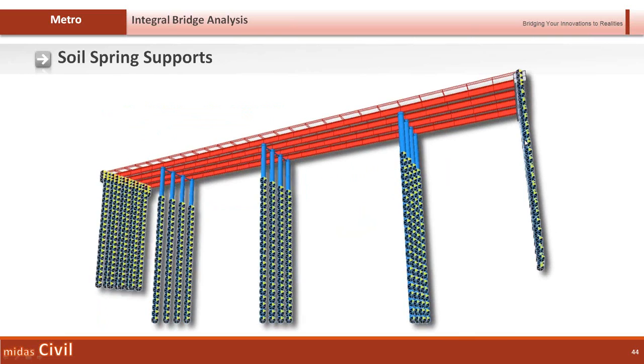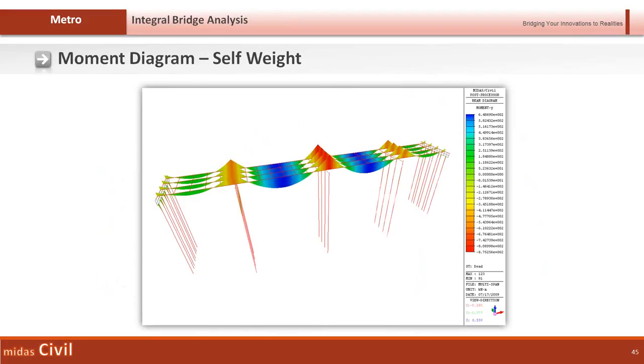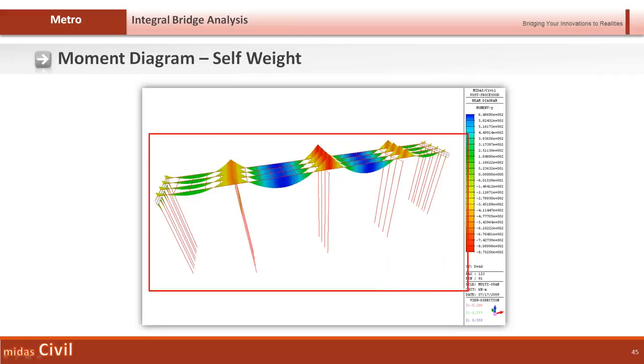So this is how the soil spring supports are completely generated. They are automatically generated as per the wizard, as per the dialog box that we saw. We can see the moment diagram for the self weight. You can see the self-locking capacity of the integral bridge, where the self weight is self-locked within the deck itself.